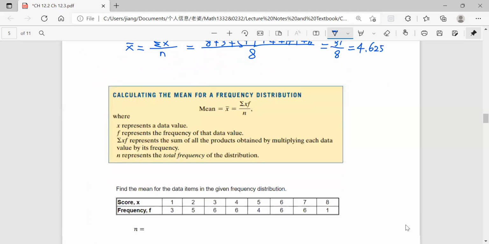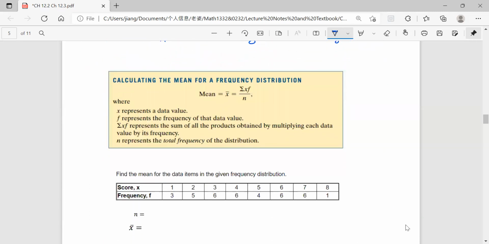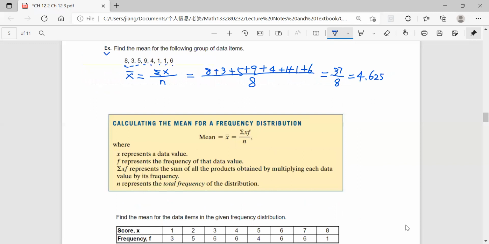Next one, calculating the mean for a frequency distribution. Sometimes it doesn't give us the data; they give us the frequency distribution.